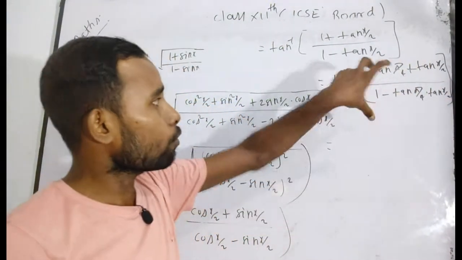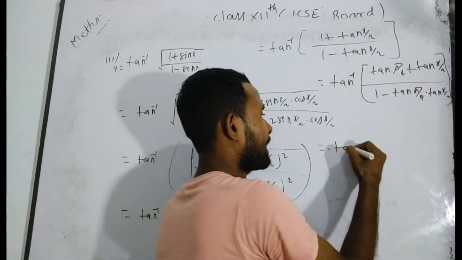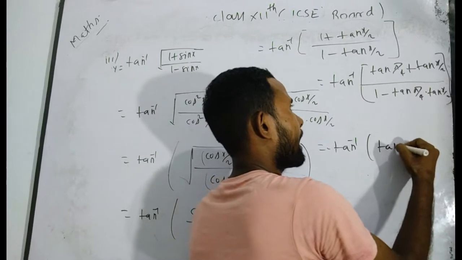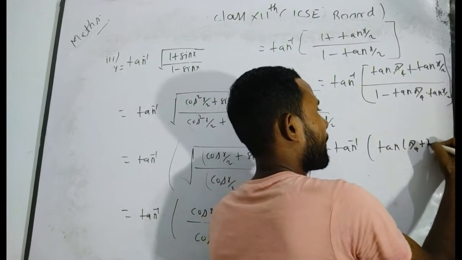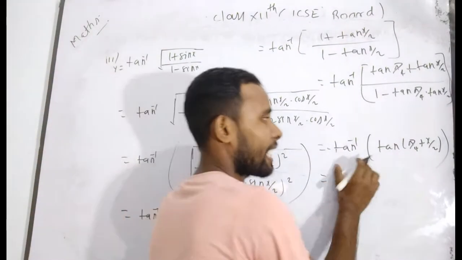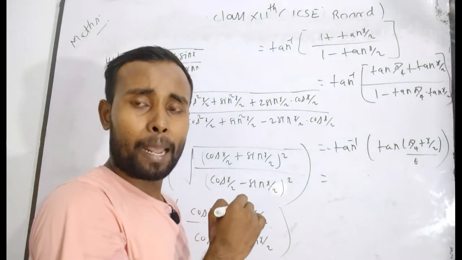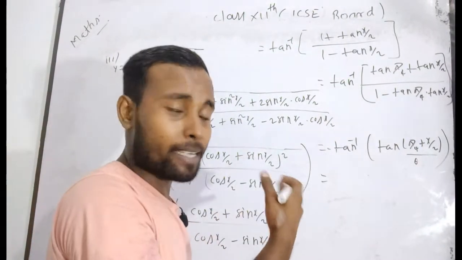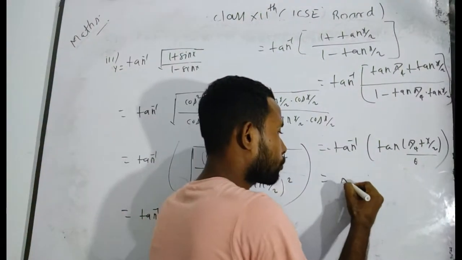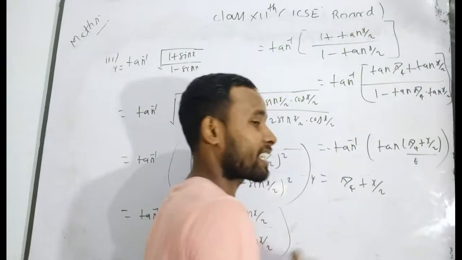That means if you look at this problem, it looks completely like tan inverse tan of (pi by 4 plus x by 2). Tan inverse tan theta, in place of theta we have pi by 4 plus x by 2. Tan inverse tan theta is equal to theta. So y is equal to, finally you will get, pi by 4 plus x by 2.